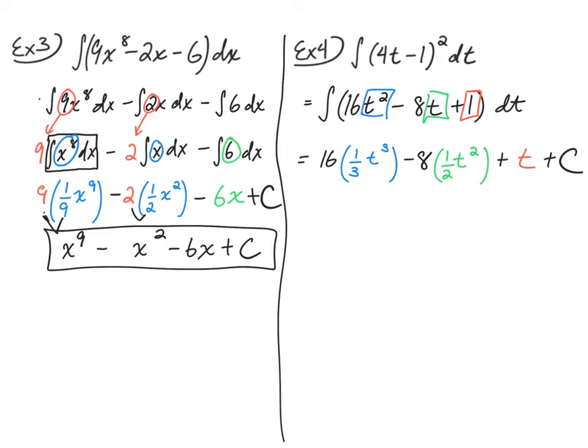So now we can just go through and multiply some constants together, like negative 8 times 1/2 is just going to be negative 4, and 16 times 1/3 is just going to be 16 over 3, right? We can't simplify that. So this will be 16 over 3 t cubed minus 4 t squared plus t plus c.